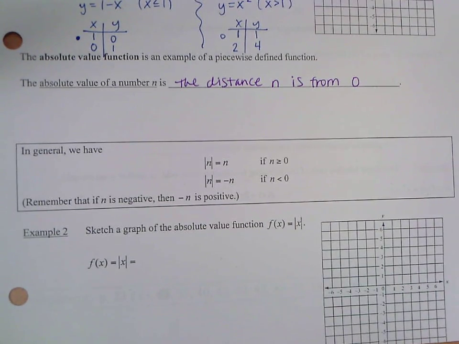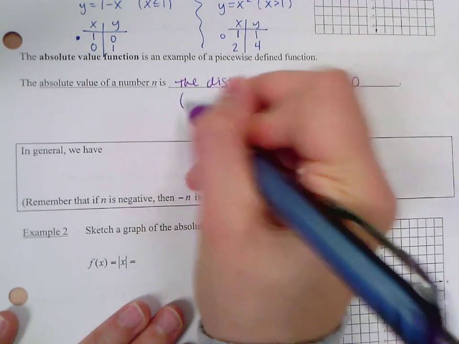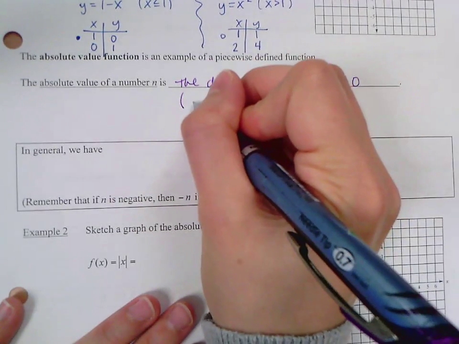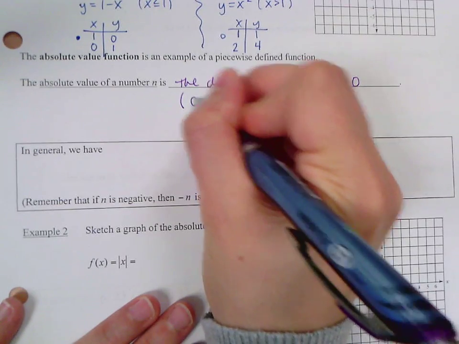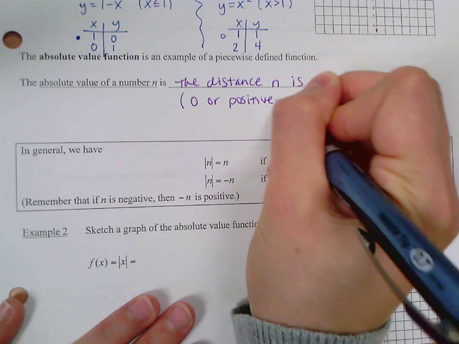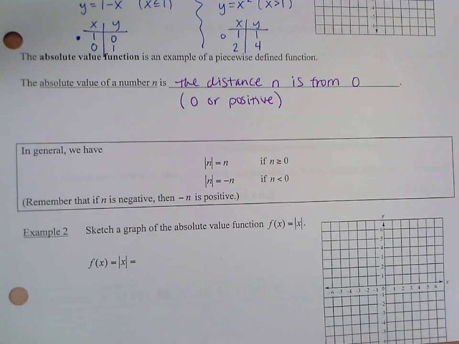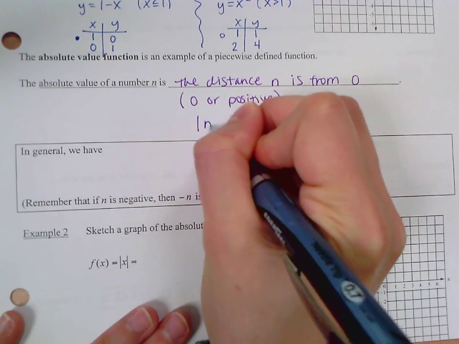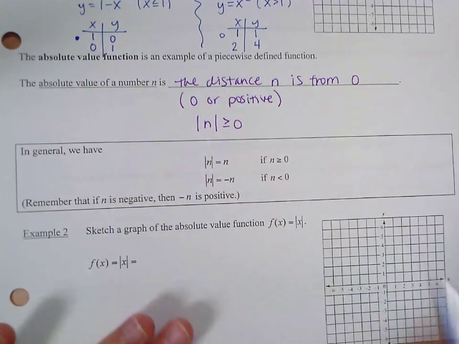And we know then, since absolute value is a distance, that it has to be 0 or a positive number. So the absolute value of a number cannot be negative. So I could also write this: the absolute value of n must be greater than or equal to 0.